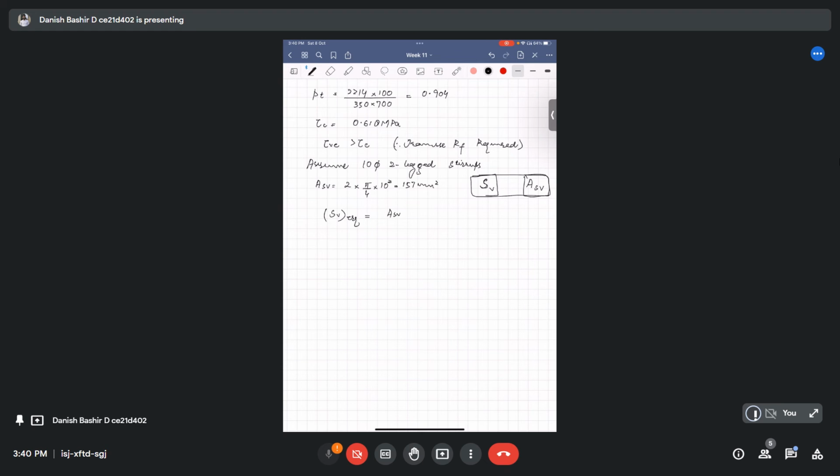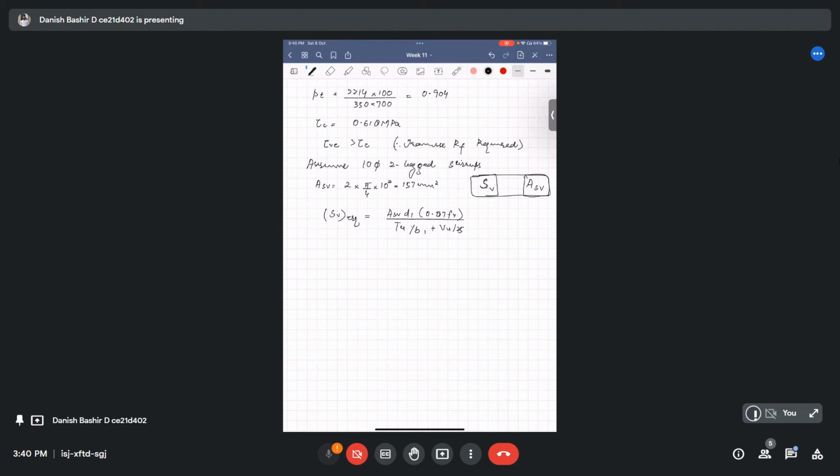SV equals ASV times D1 times 0.87 FY divided by TU divided by B1 plus VU divided by 2.5. Okay, this is the formula from the code.